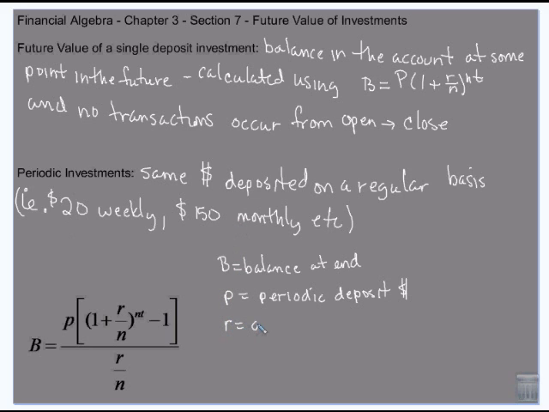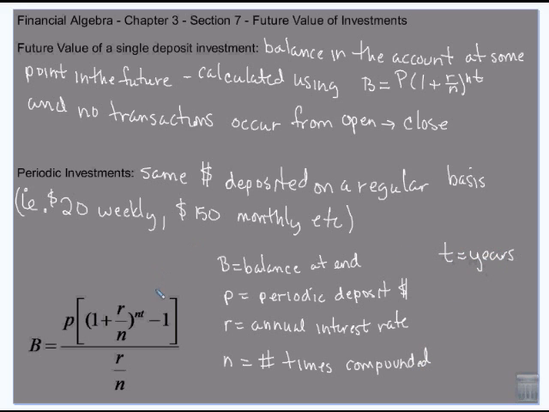R is the annual interest rate still. N is the number of times compounded still. And T is years.